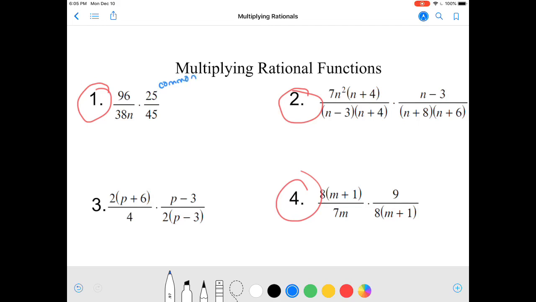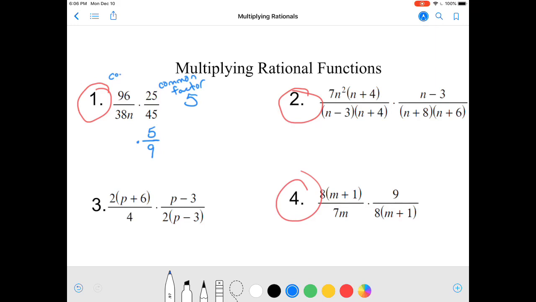Common factor between 25 and 45 is, of course, 5. So we're going to go ahead and divide 25 and 45 by 5. 25 divided by 5 is 5. 45 divided by 5 is 9. So we have 5 over 9 for our simplified version of that fraction.